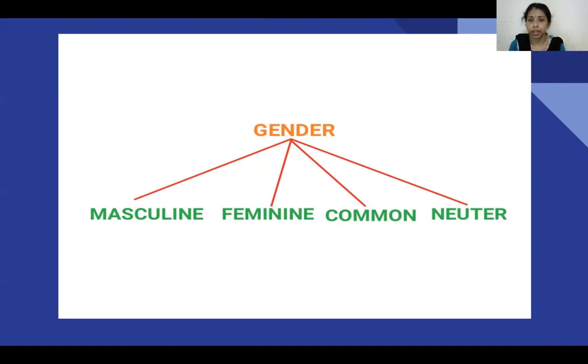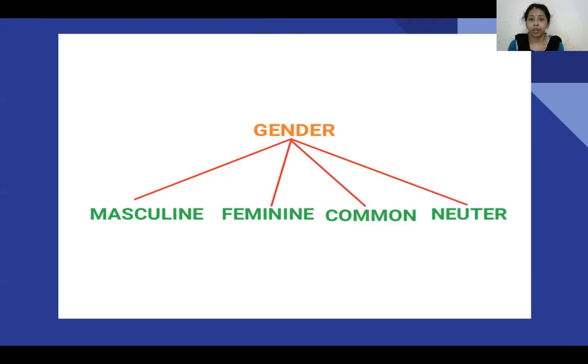Now you can ask me the question, ma'am, what type of identity is this? Identity means who I am, what the thing is. Like I am a girl, so this is my identity. Rehan is a boy, so this is Rehan's identity.